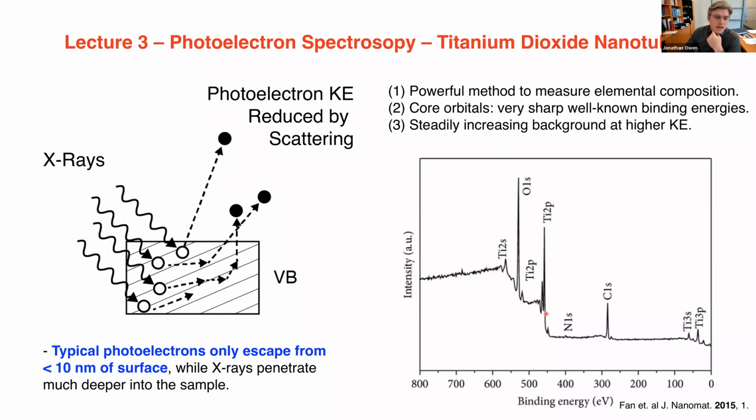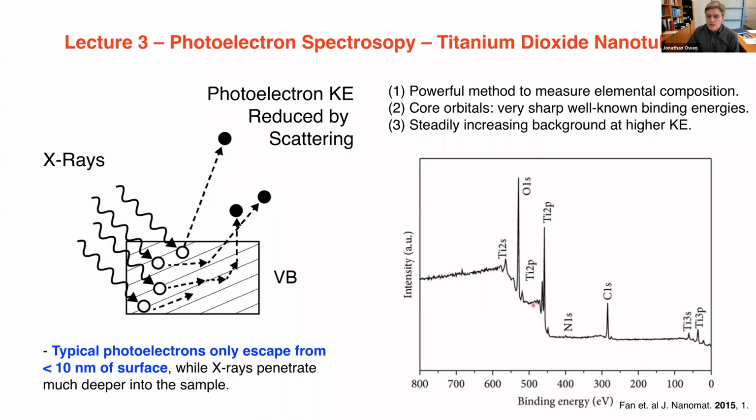But then some of the time, those electrons collide and they deposit some of that excess energy into the crystal. And then the electron continues. And when it comes out, it has a lower kinetic energy because it left some behind in the crystal than it would have if it came out cleanly. And so a lower kinetic energy corresponds to a higher binding energy.